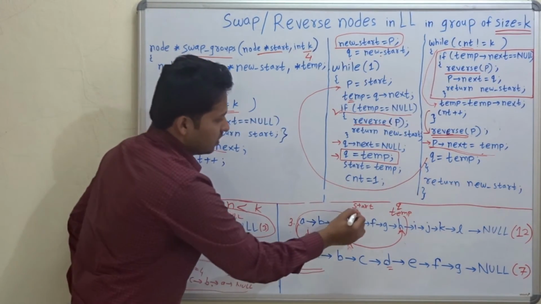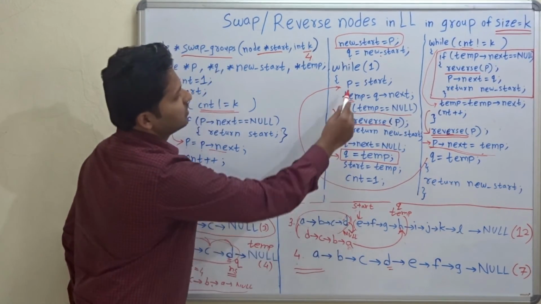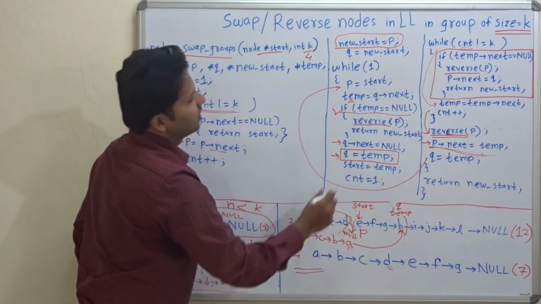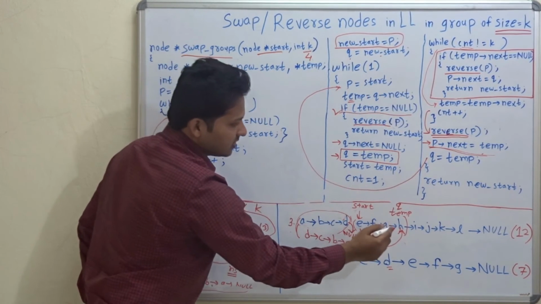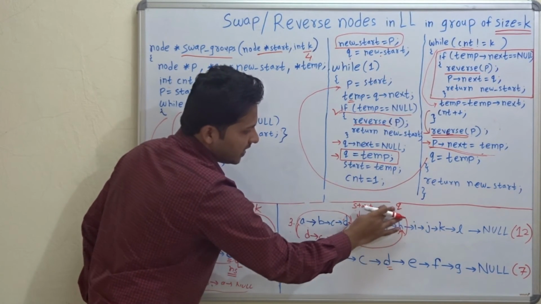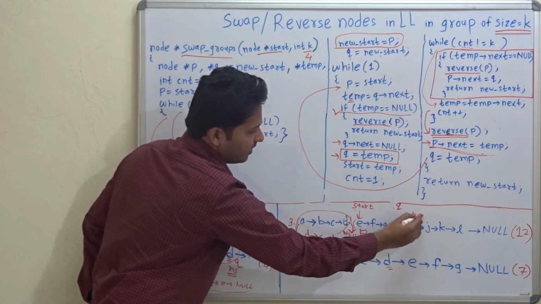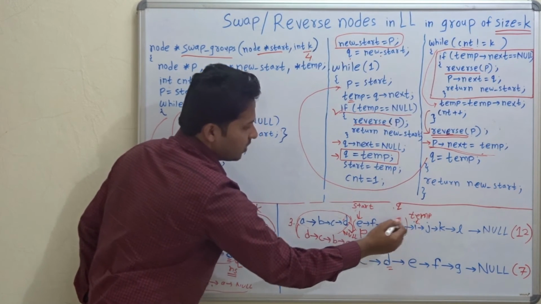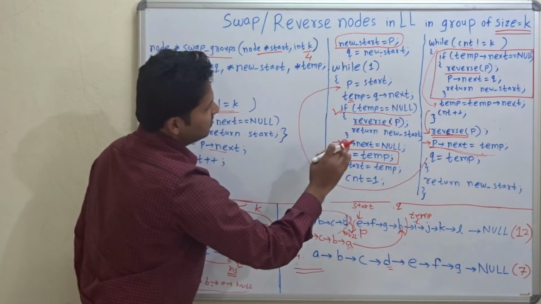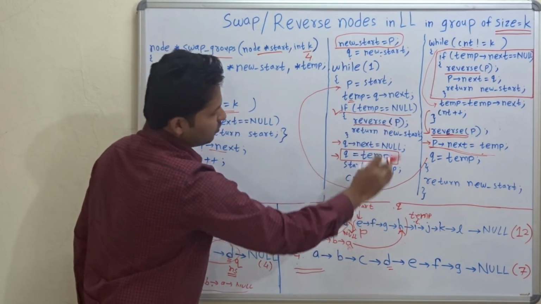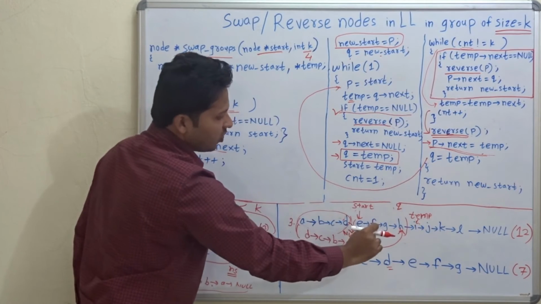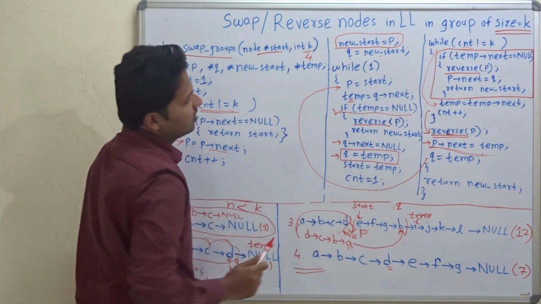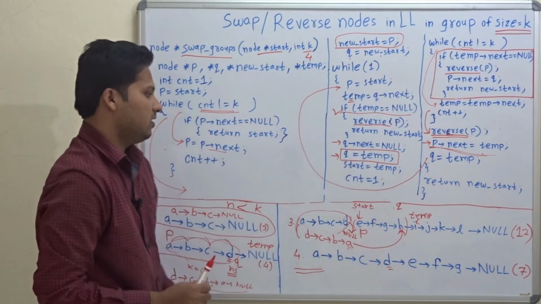So now starting is E. So P is equal to start. So P will point to the starting node. Then temp equal to Q points next. As you know, we have to store the address of I. So temp is pointing to I, and then if temp equal to null, obviously temp is not null, and now Q points next equal to null.